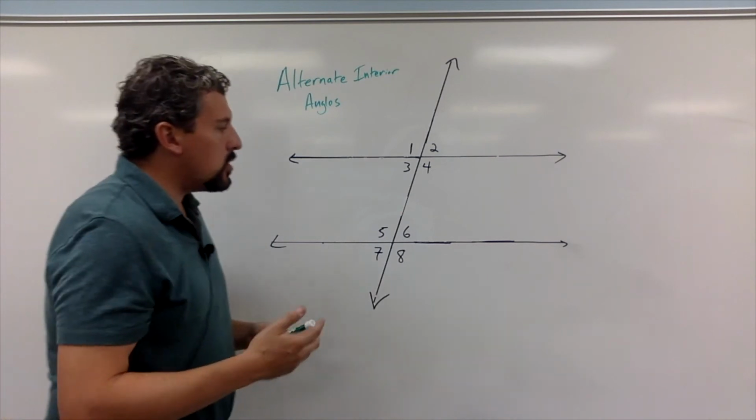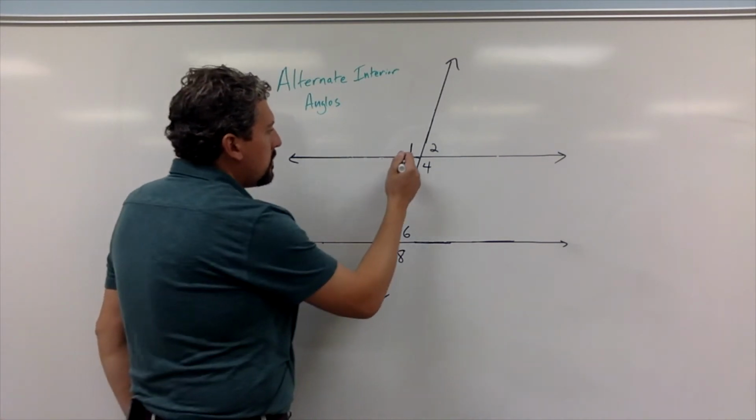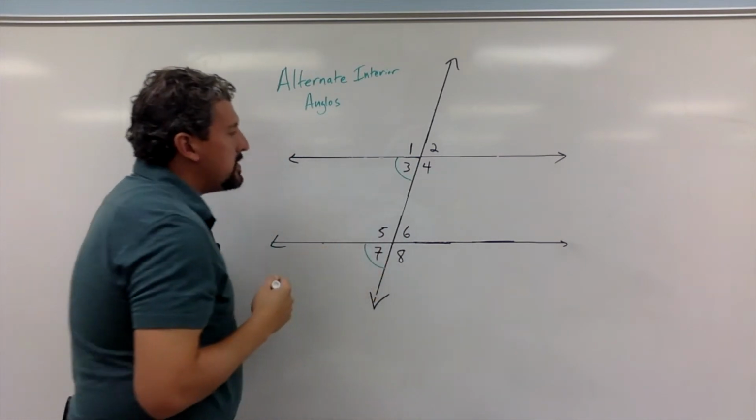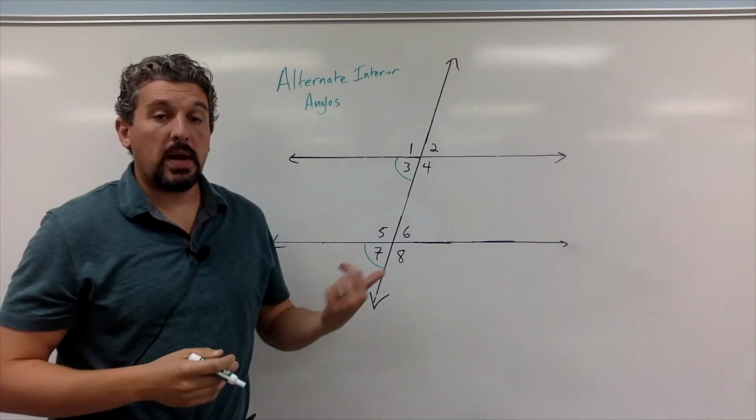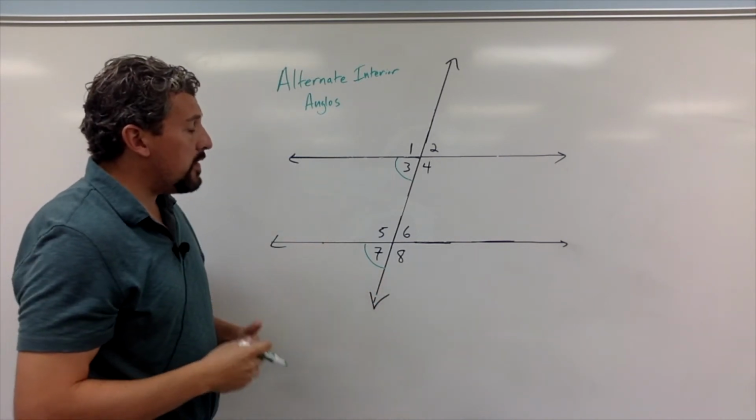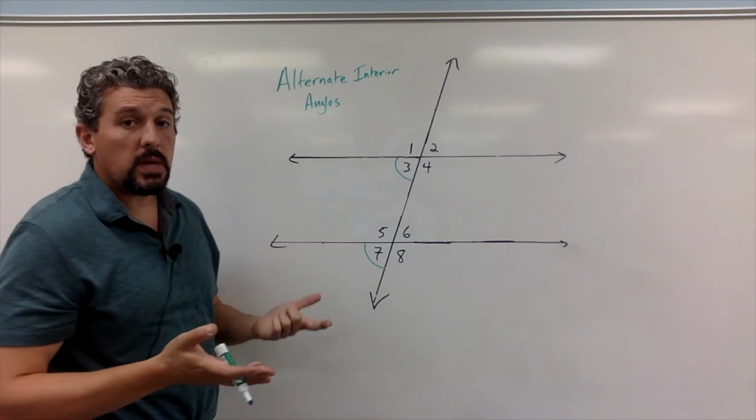Well, let's go back to corresponding angles for a second. I know that angle 3 and angle 7 must be congruent because of corresponding angles that we just previously discussed. These angles, because the lines are parallel, must be the same because they're pointing our lines in the same direction.